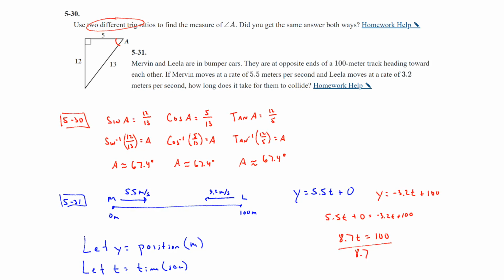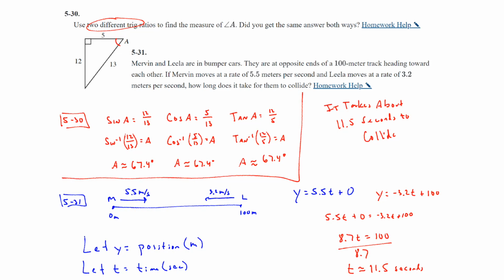Then you can divide both sides by 8.7. So 100 divided by 8.7 is approximately 11.5 seconds. And then make sure you do answer the question. So this is for question 31.